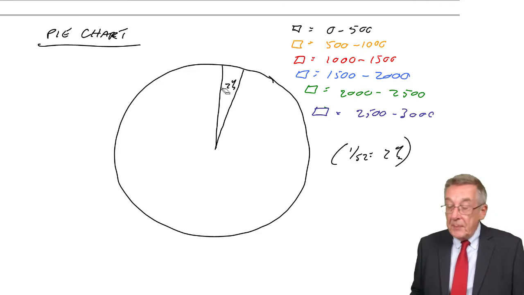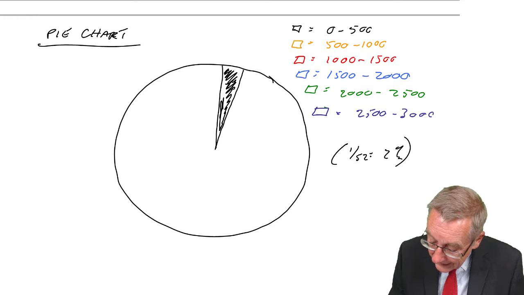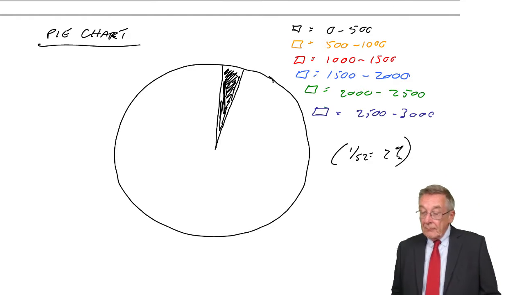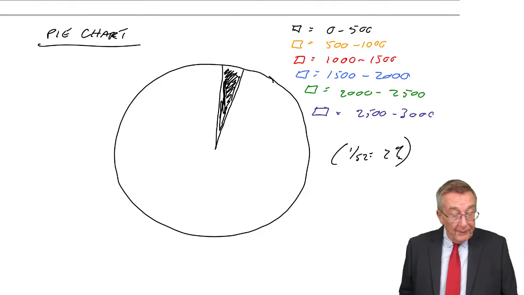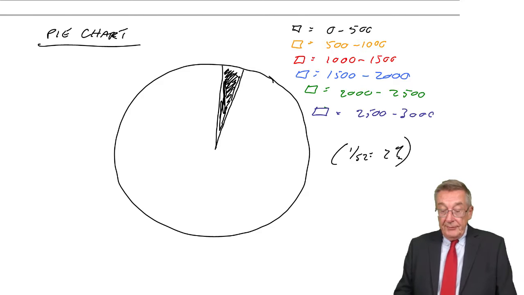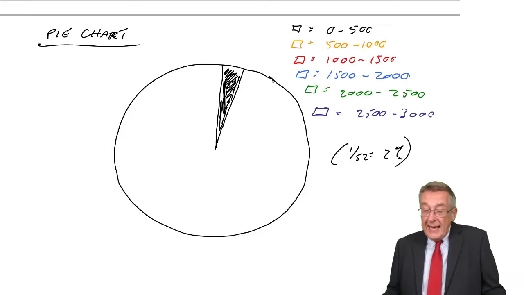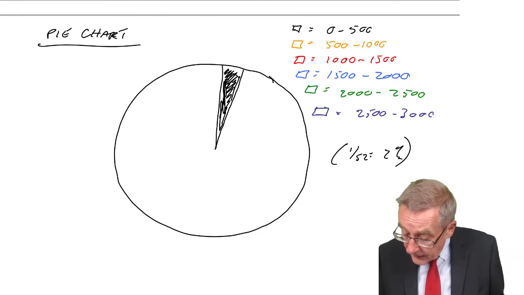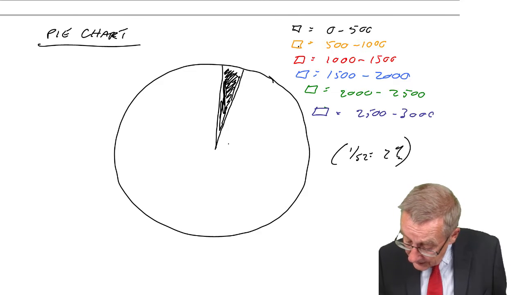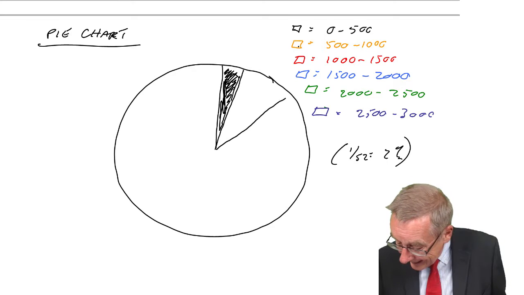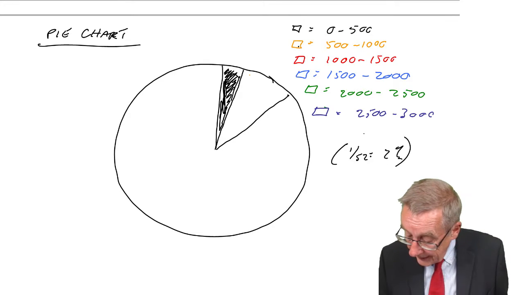We don't normally write in the percents. 500 to 1,000 is 4, and 4 out of 52 is 7.6, nearly 8%. And so we'll do about a slice 4 times bigger. So this one's this colour. Oh, I haven't changed the colour. It's that one.